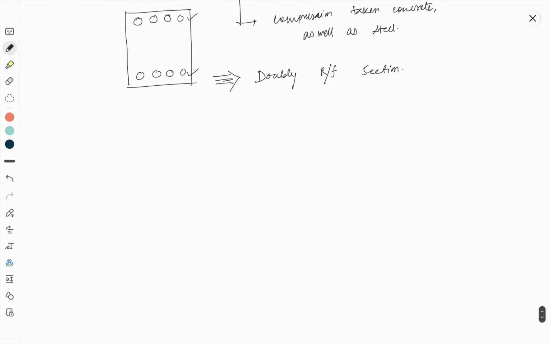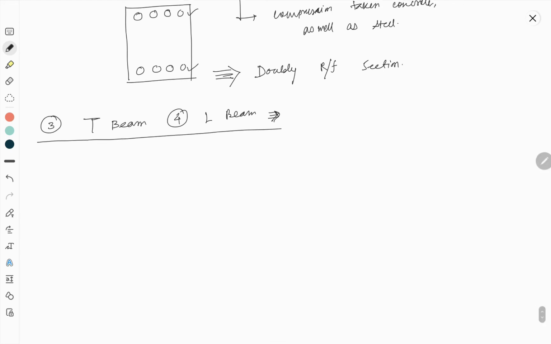Now we talk about the third, T-beam as well as L-beam. Before starting this concept, I want to introduce one word, that is monolithic construction.